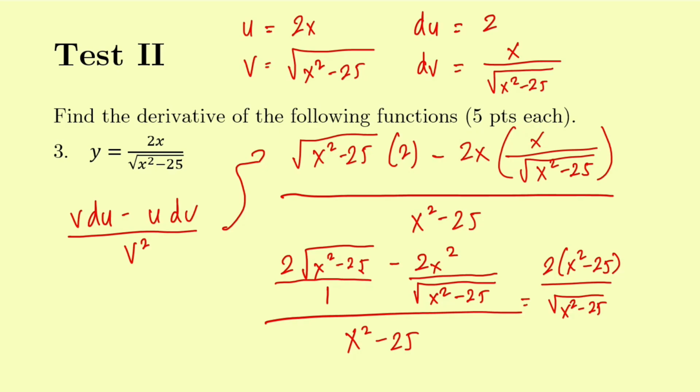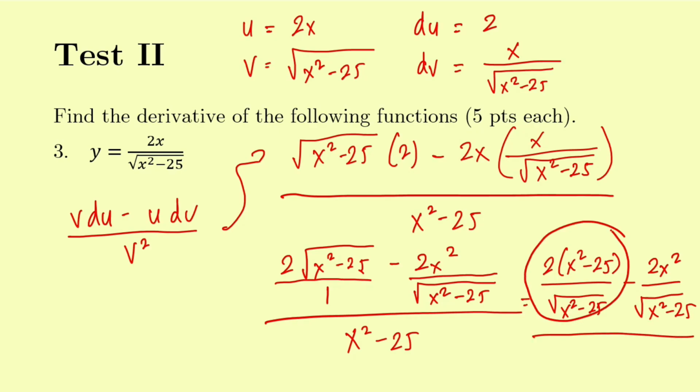We have multiplied the square root of x squared minus 25 to the numerator and the denominator of this fraction. Why do we need to do this? Because we have another one here, minus 2x squared over the square root of x squared minus 25. So we can combine these two into one fraction. Then this one will stay the same, x squared minus 25.